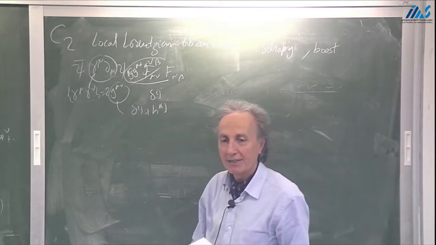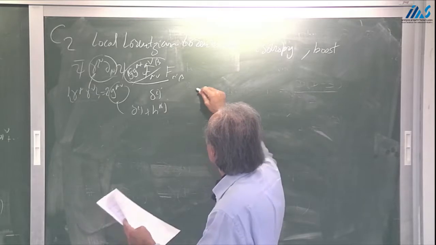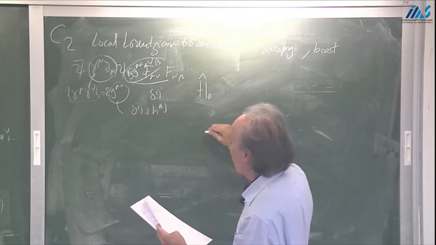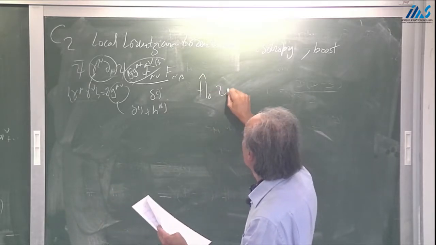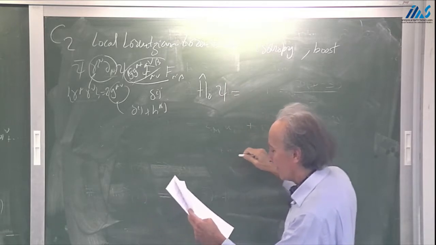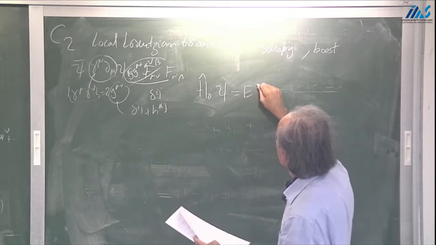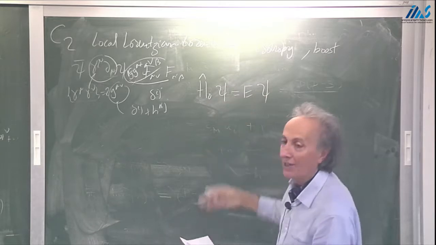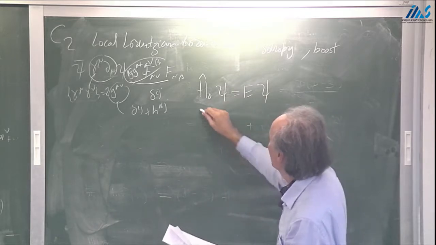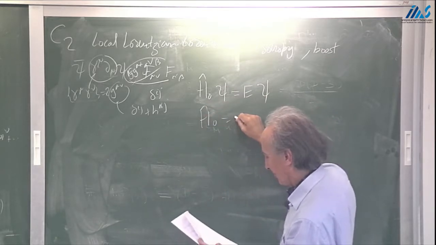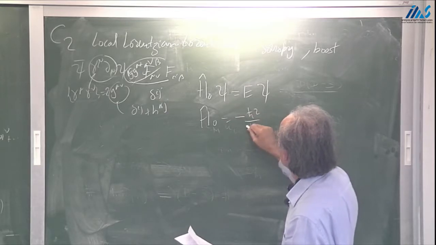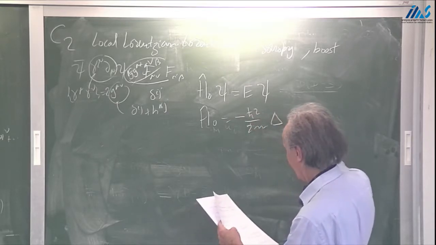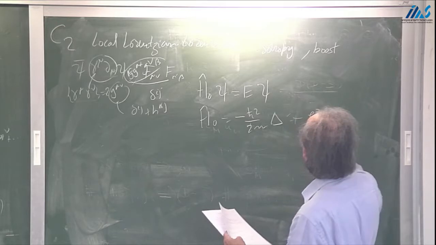And then when I write, for instance, the Hamiltonian for a very simple electron going around the proton, with the Schrödinger equation, the Hamiltonian is usually this, minus e squared over r.